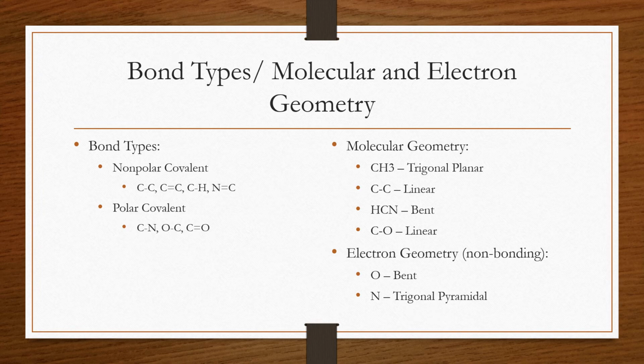Finally, our carbon-oxygen single bond also has a linear molecular geometry of 180 degrees. When we look at our electron geometry of our non-bonding pairs, we see that oxygen has a bent electron geometry and nitrogen has an electron geometry of trigonal pyramidal.